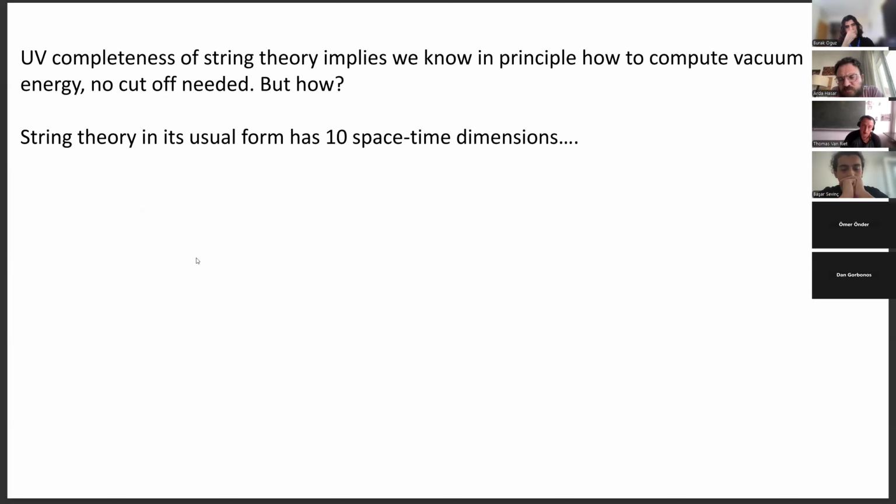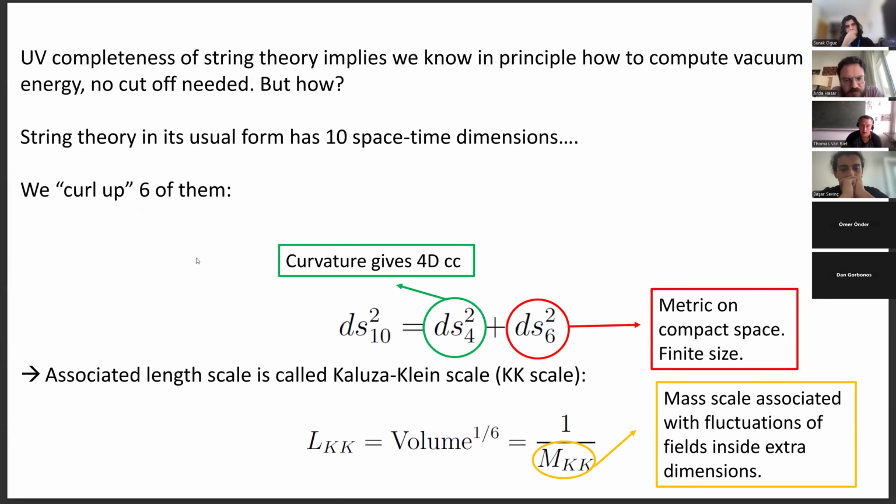Well, string theory in the most vanilla form has 10 space-time dimensions. And what we usually do is that we curl up 6 of them. I think that verb, curling up, is very bad, but okay, I'm using it. And what we read off is a metric which has 2 length scales, right? There's a green part here, that's the observable universe. And it comes with a curvature scale.